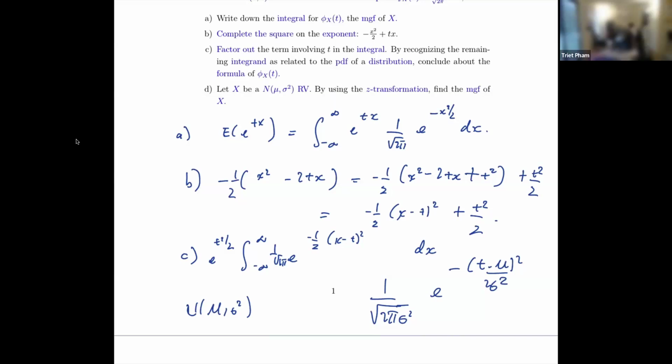You recognize that this is the PDF of a normal t, 1.